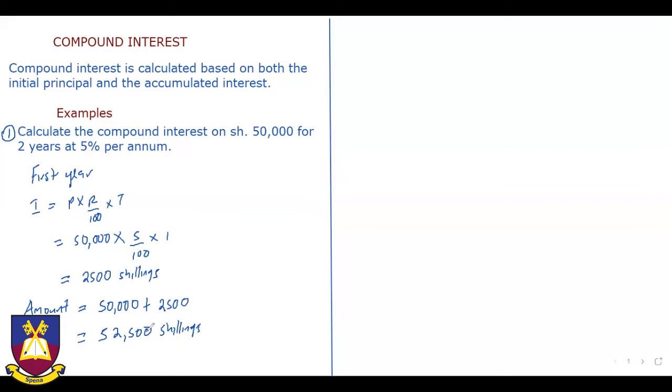Now, we also need to get the second year. We do what we call compounding. When we come to the second year, the money at the end of the first year is now our new principal. So we can still calculate the interest.